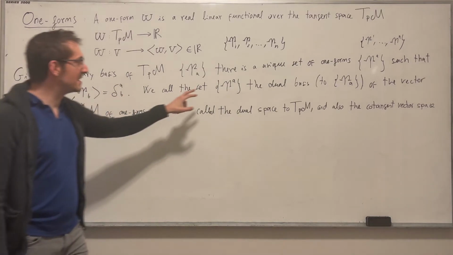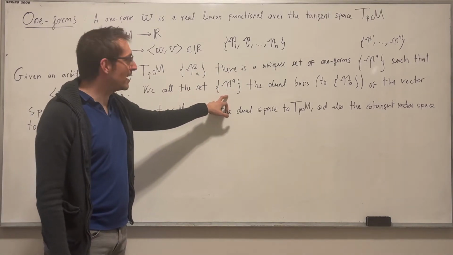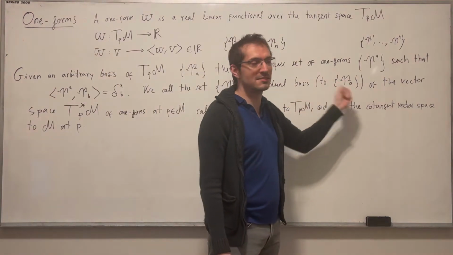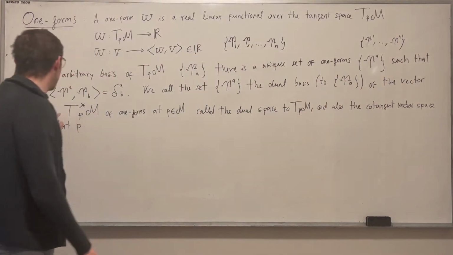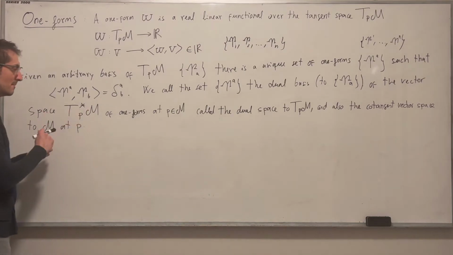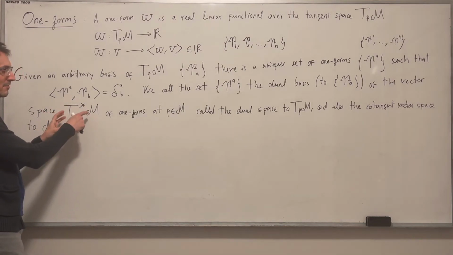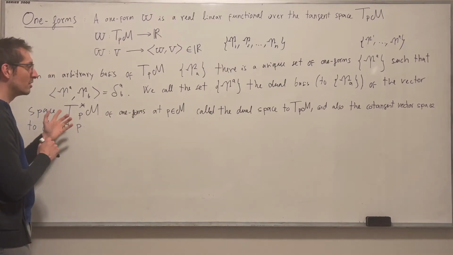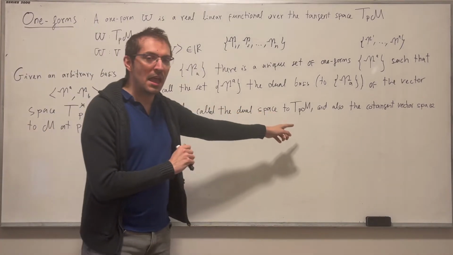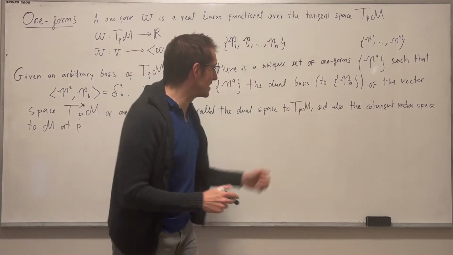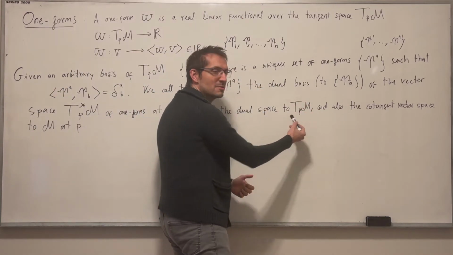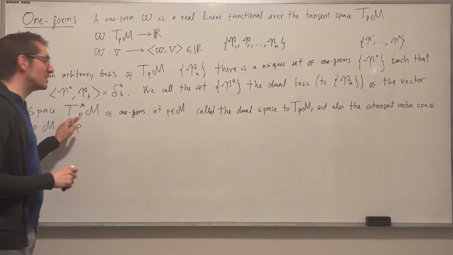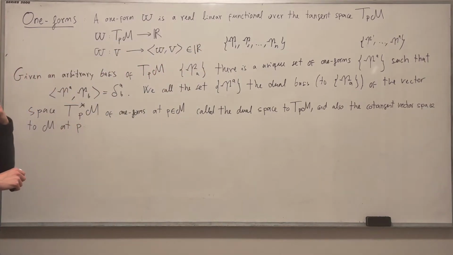Now we call the set epsilon super A the dual basis, of course, to the basis epsilon sub A, of the vector space T star PM. T star PM is the name of the vector space of Oneforms at the point P in the manifold. We call that the dual space to TPM and also the cotangent vector space. Remember, we call this one the tangent vector space to the manifold at the point P. This one will be the cotangent vector space to the manifold at the point P.